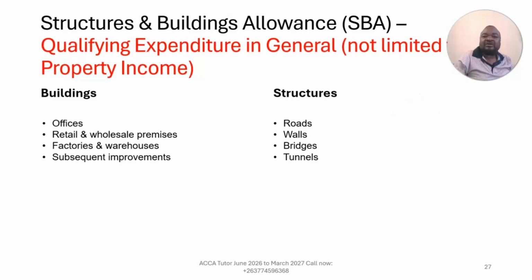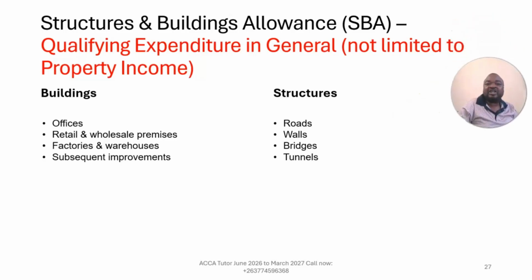Structures and buildings allowance continued. Qualifying expenditure in general is not limited to property income. In general, the buildings, the offices, retail and wholesale premises, factories and warehouses, and subsequent improvements all qualify.